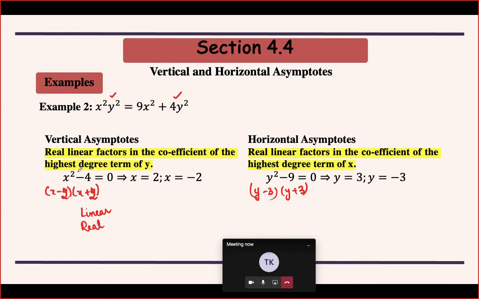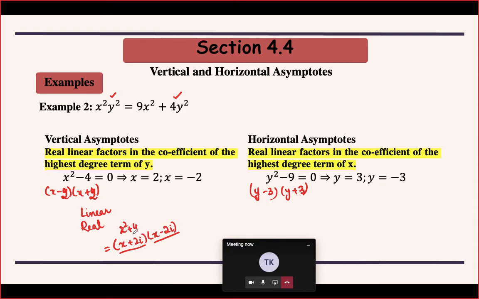So for example, if my coefficient was x square plus 4, okay, now can you have any real and linear factors for this? No, ma'am. If you factorize, this is how you can write it. Okay, so this expression is this, and the roots of these two factors are not real.